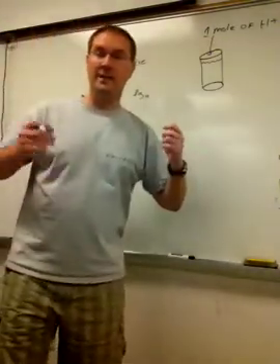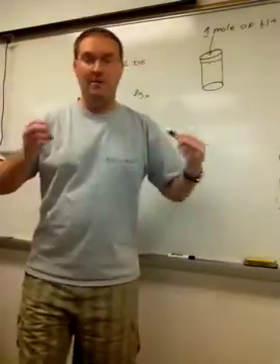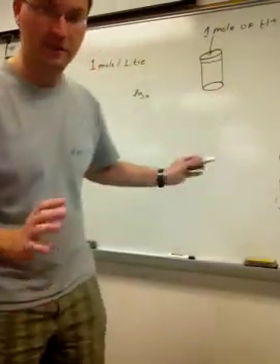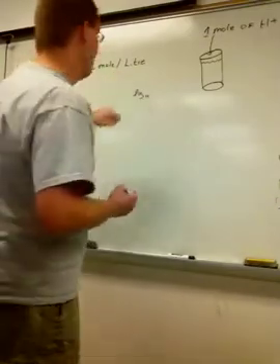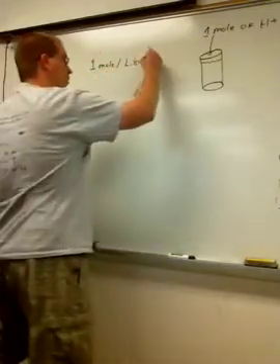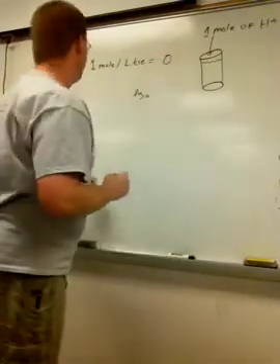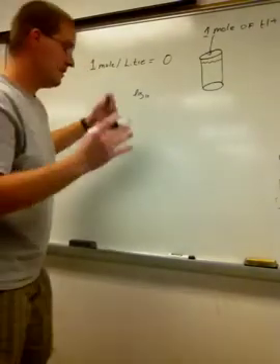Again, a logarithm is a method of making sense of incredibly large numbers, or in this case, incredibly small numbers. So what is the log base 10 of 1 mole per liter? Well, it is 0. Because basically what I'm doing is I'm saying, what is the log base 10 of 1? It's 0.